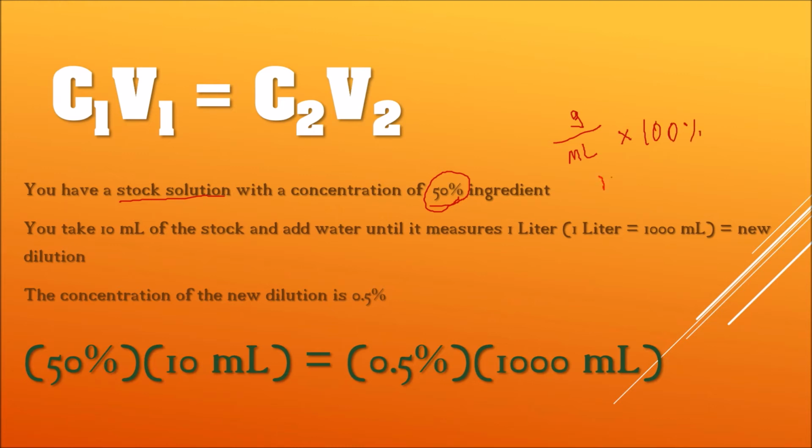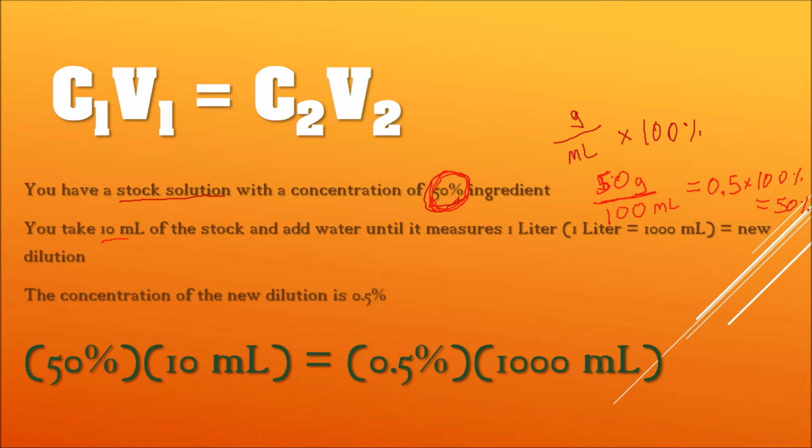So if we have 50 grams of an ingredient in 100 milliliters of stock, then that's going to equal 0.5. And you take that times 100%, and that is 50%. So we have a stock solution with 50% concentration.